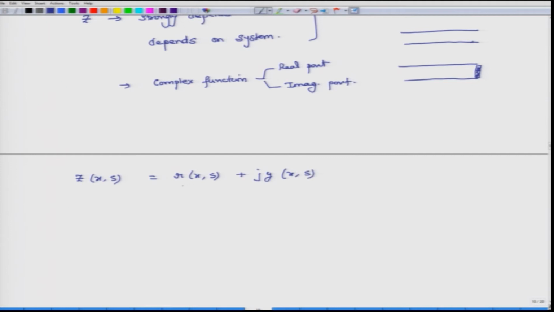This is the real portion of the function, and R of x and s is totally real, and this is called specific acoustic resistance.